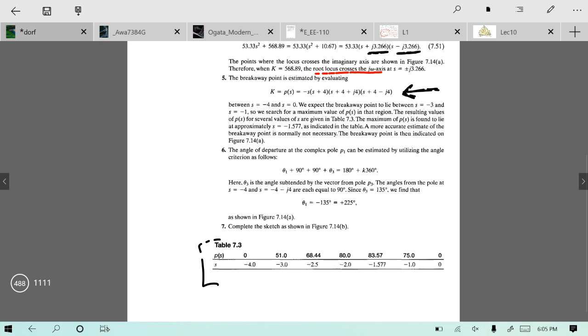You are putting the value minus 4, your p of s or this k value is equal to 0. You are putting s is equal to 0, this is 0. So you are moving towards the right, minus 3, the value is increasing. And from here you are moving toward the left, minus 1, your value is increasing. So it is kind of this trend.